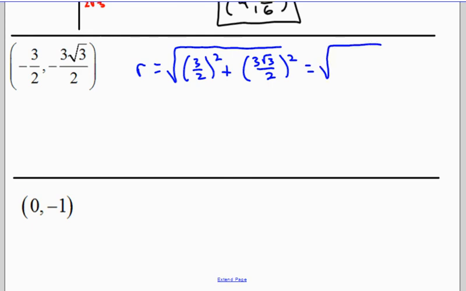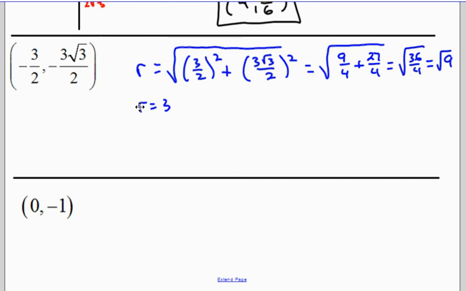So in this case, I'm going to get the square root of 9 over 4. So that's what I get if I square 3 over 2. Then here I'll get 9 times 3 will be 27 over 4. So I get the square root of 36 over 4, which is 9. So r turns out to be 3.